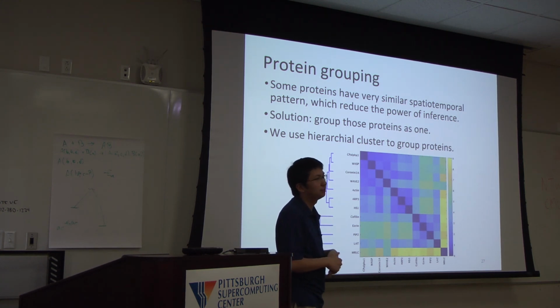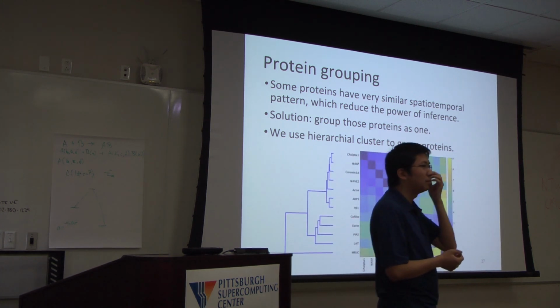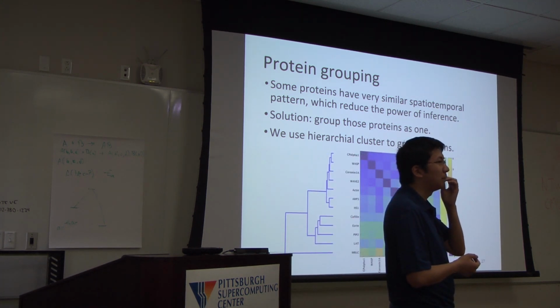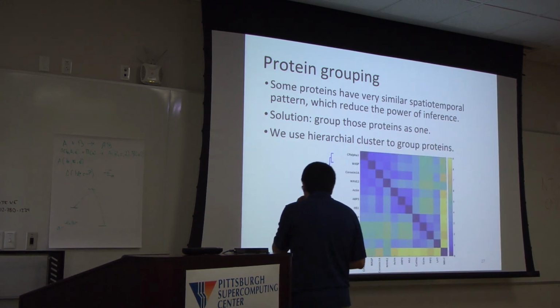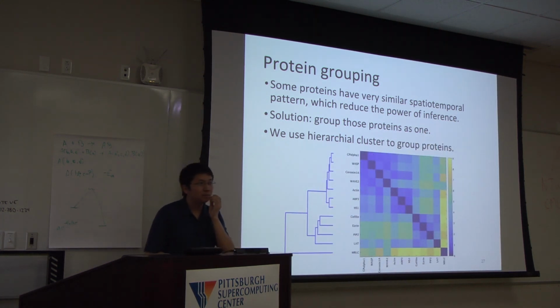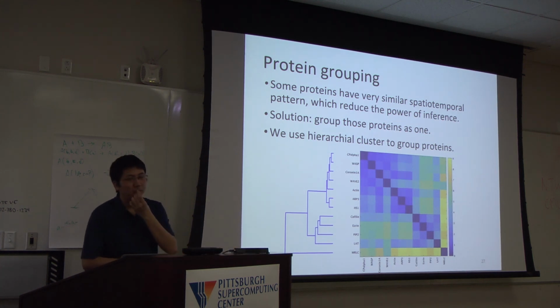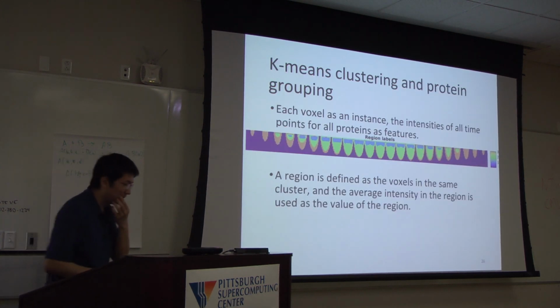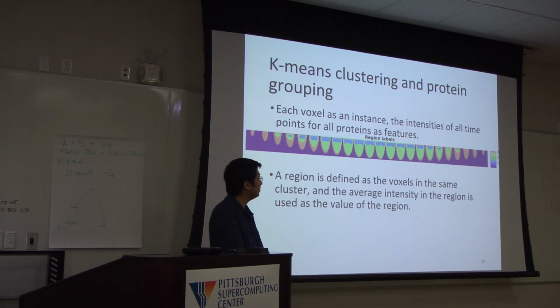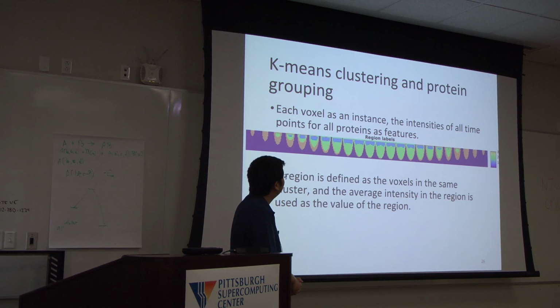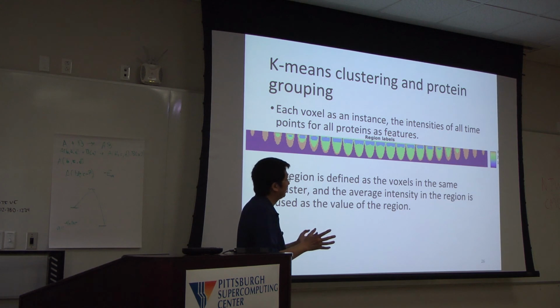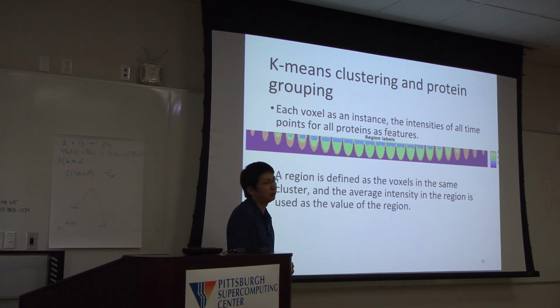But if you divide your regions into more areas, not just three, that could get rid of some collinearity, or if you increase the temporal resolution, double or triple. So there are two things. First, as I said, we want to define some regions that have some biological meaning. So these regions can represent some compartments in the cell.